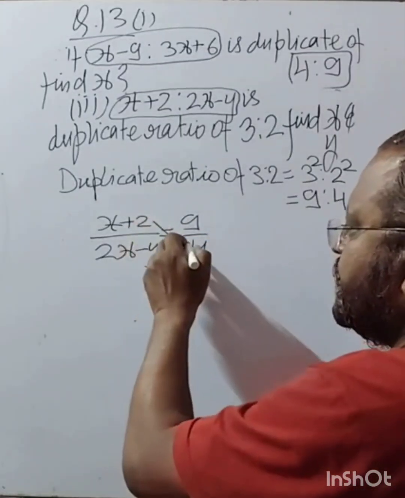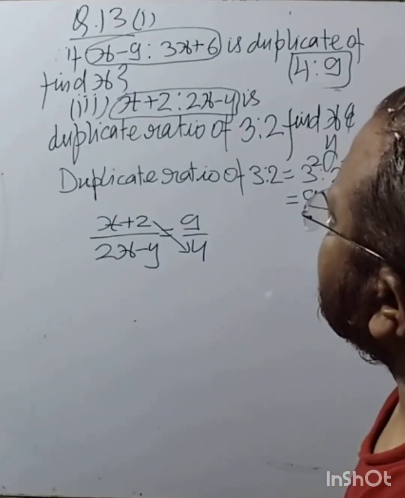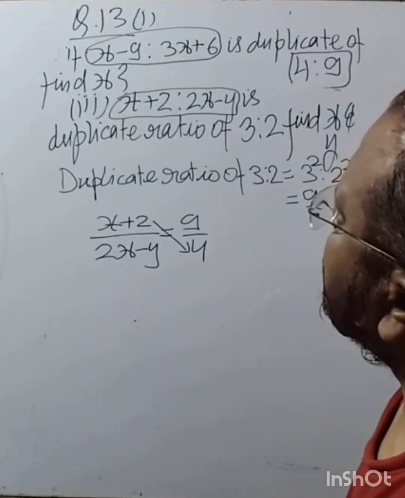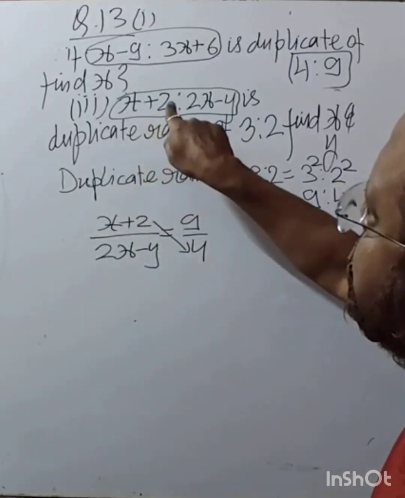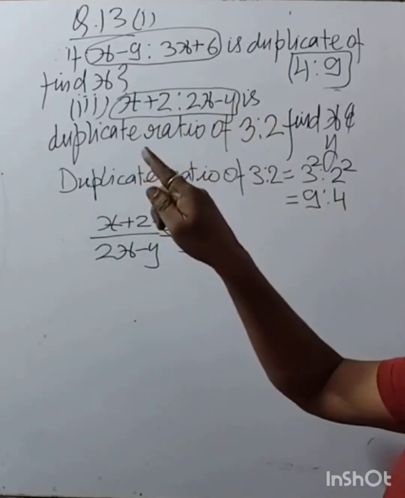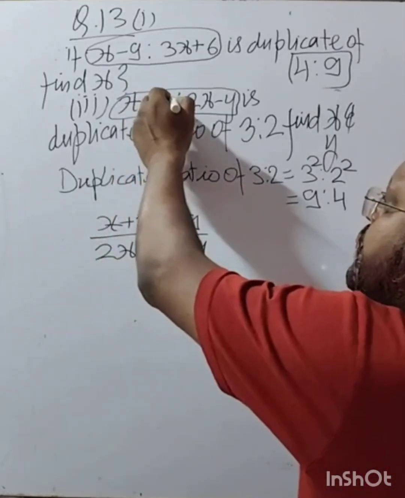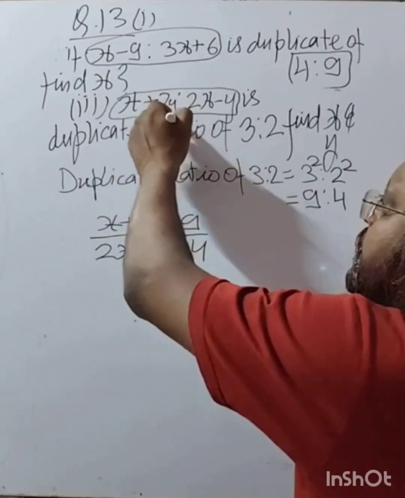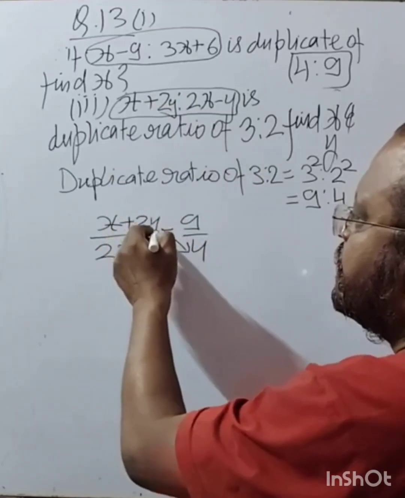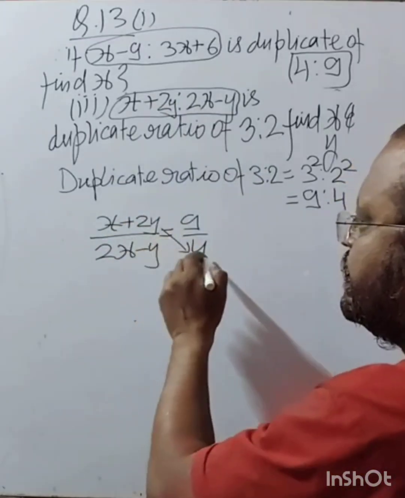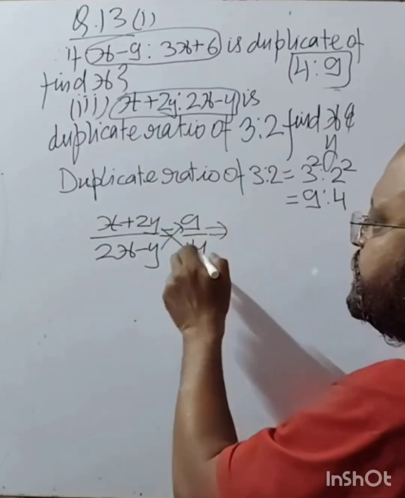When you cross multiply it, this is x plus 2y and 2x minus y. So here we will take 2y. It will be cross multiplied by this and cross multiplied by this.